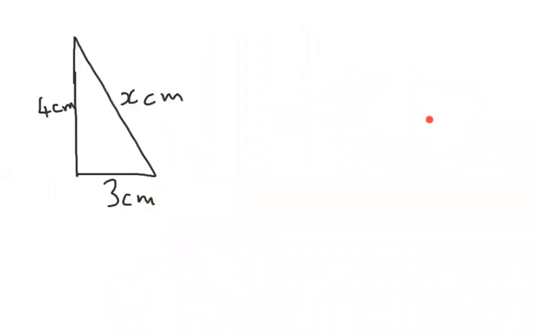All right, let's do example 1. Here you have this diagram, and what's important in this diagram is that this is 90 degrees. So now you know we can use the Pythagoras theorem.